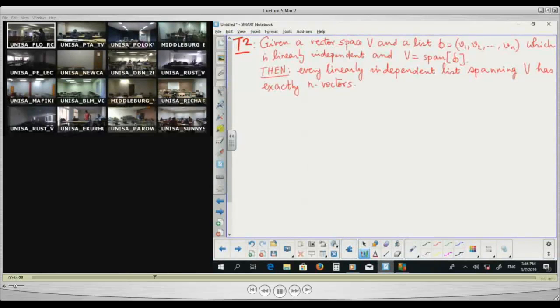So, if you have any set of n plus 1 or more vectors, it must be linearly dependent. So that number n is characteristic in some sense of that vector space. Yeah? So let's first prove this. The proof is very, very simple.